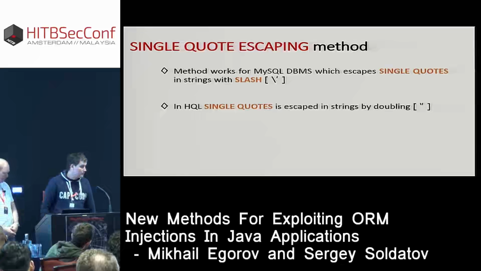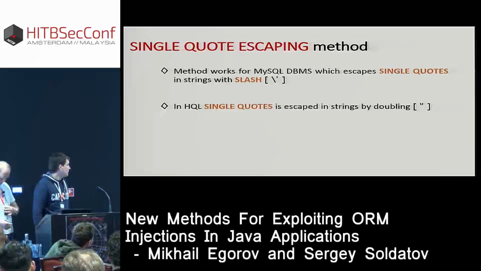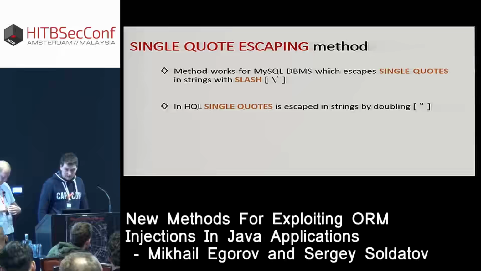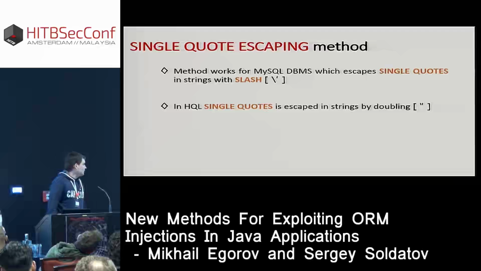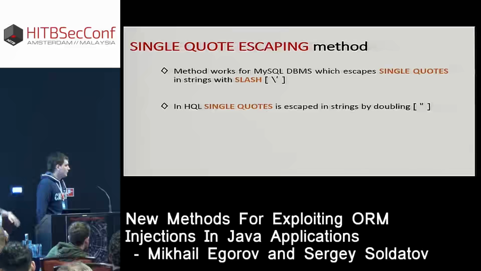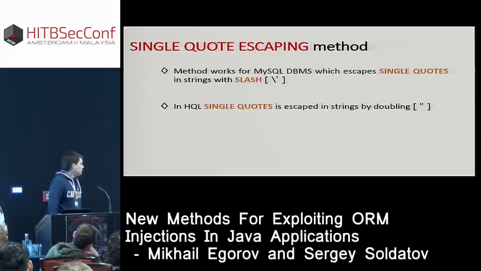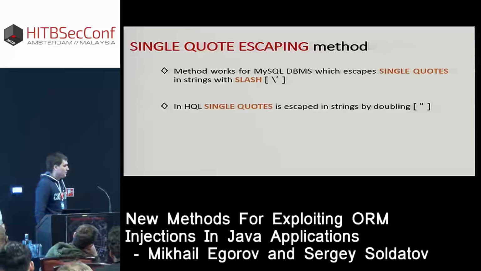The technique works for the MySQL database management system only. It works because MySQL and Hibernate process quote escaping differently. In MySQL, to escape a single quote you must use a slash symbol before the single quote. But in Hibernate you must double the single quote to escape it.